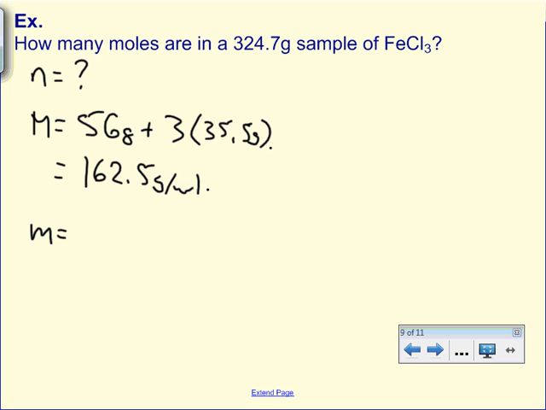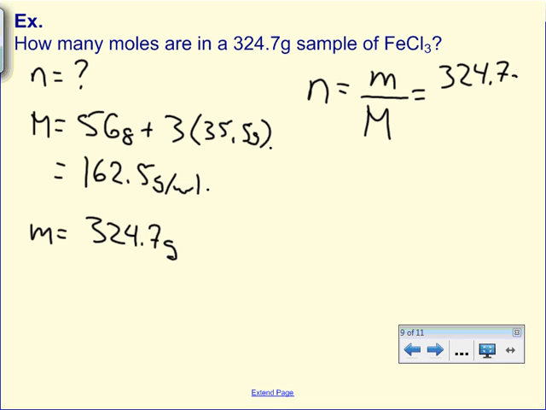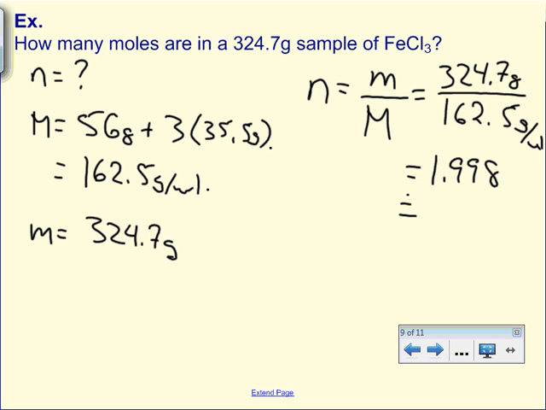And my little m, my mass, I have 324.7 grams. So to figure out the number of moles, it's going to be the mass over the molar mass. That's roughly 324.7 over 162.5, and I'm going to get 1.998 so far. It's going to be 2 moles if I use significant digits.